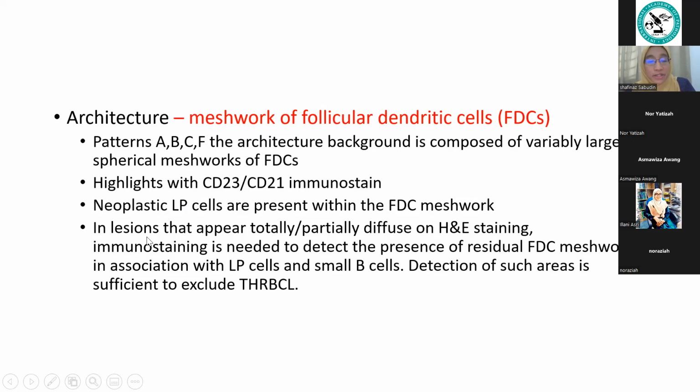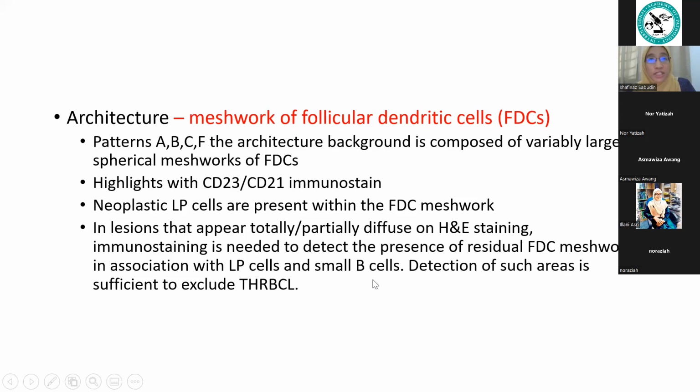However, in some variant patterns, there is full or partial loss of the nodular pattern, whereby you only see diffuse areas on H&E staining. In these cases, it is crucial to do the CD21 or CD23 immunostain to detect the presence of residual FDC meshwork, which is in association with LP cells and the small B cells.